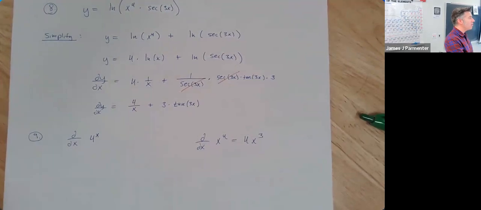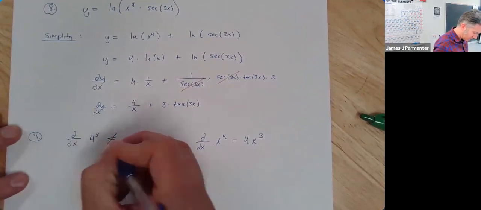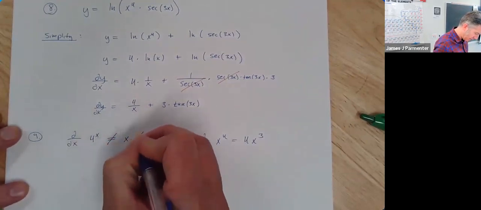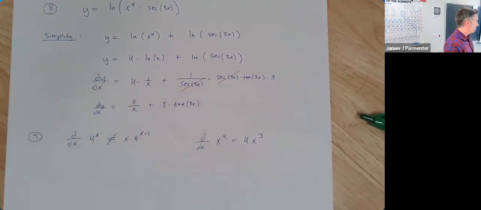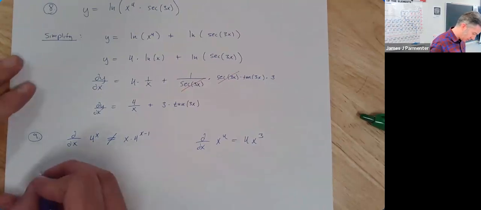When you have x to a power, you just use the power rule. But when you have 4 to the x, the derivative is definitely not x times 4 to the x minus 1. Because it's not a power of x, it's x as a power, or what we would say is an exponential function.